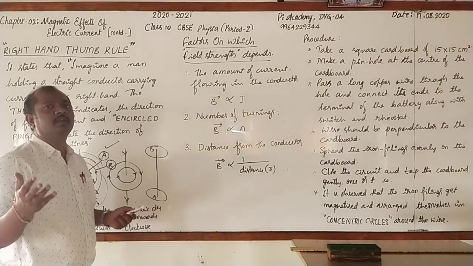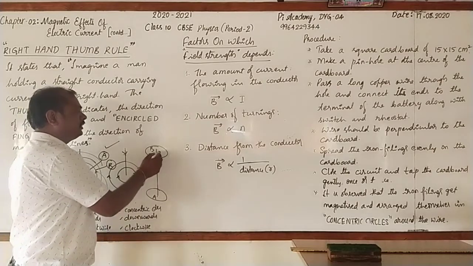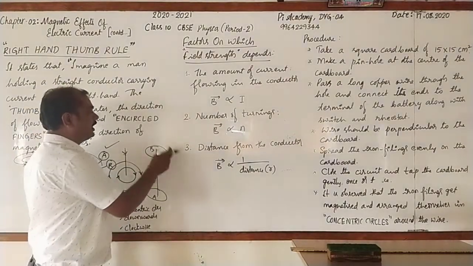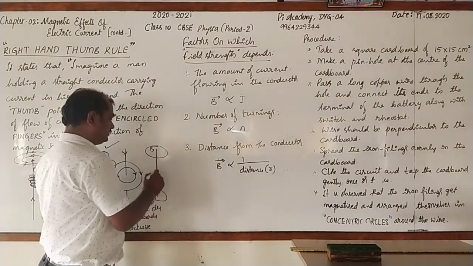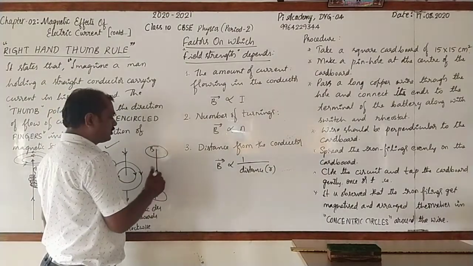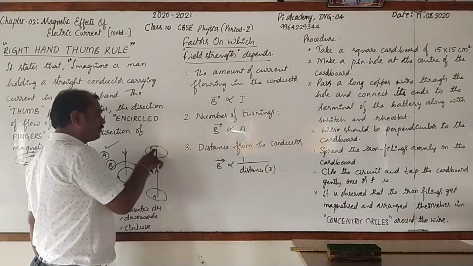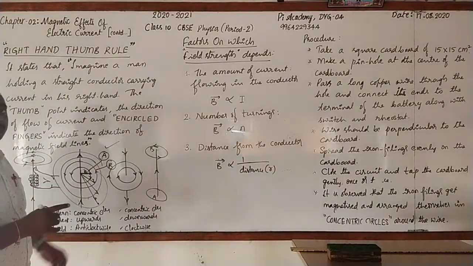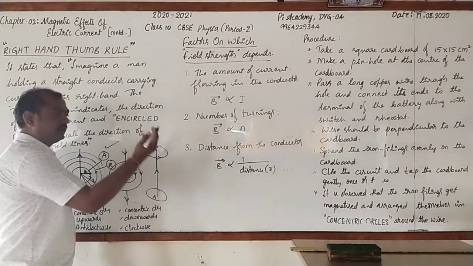Obviously you can say that concentric circles. Then could you tell what is the direction of lines of force? Anti-clockwise or clockwise? Yes, you are right. It is anti-clockwise because I said current is flowing from A to B. Then lines of force will be in the anti-clockwise direction.